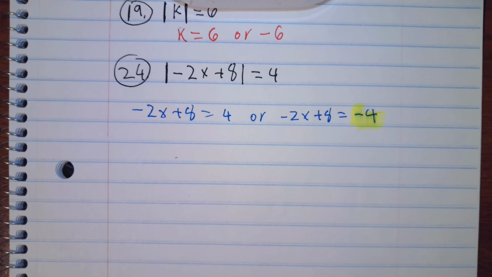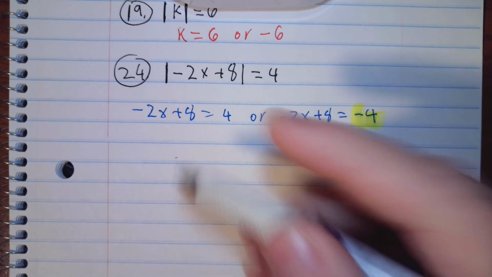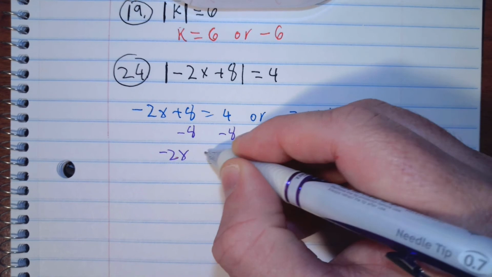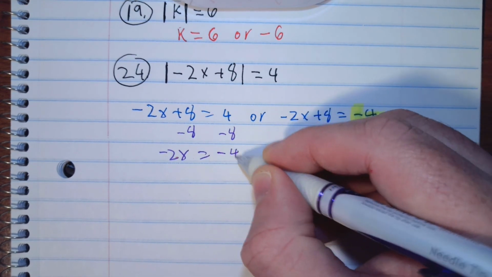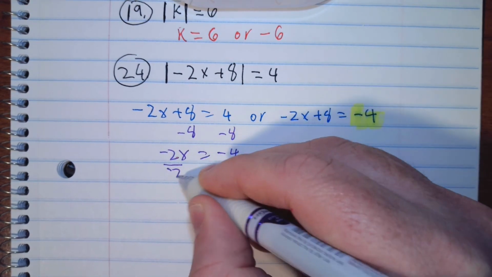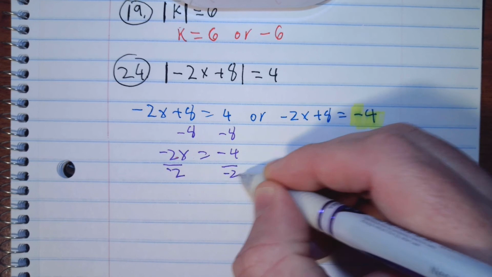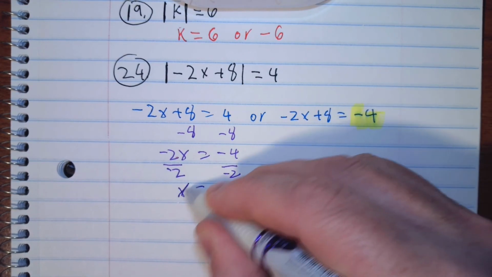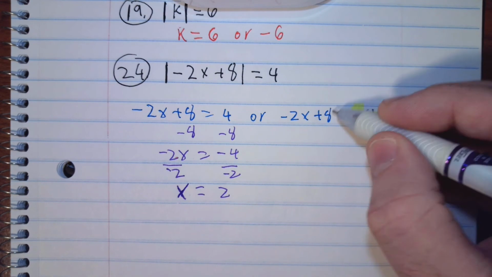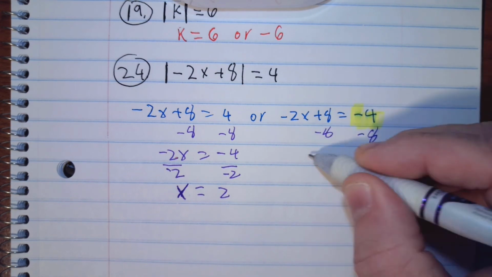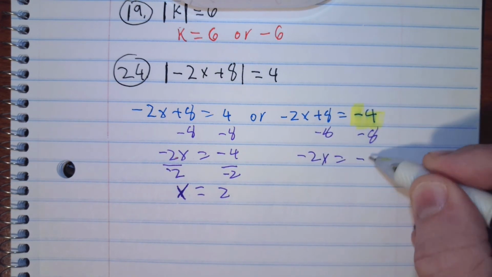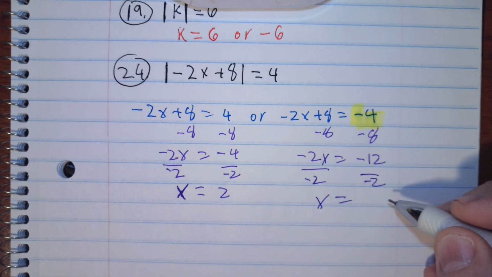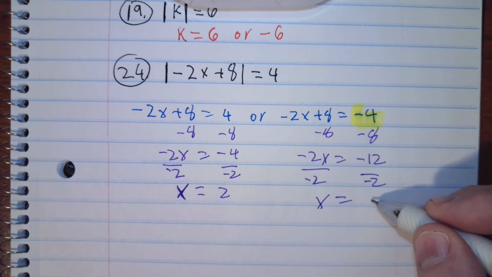And so then you just work these out. No big deal. Minus 8, negative 2x equals negative 4. X equals 2. All right, minus 8, negative 2x equals negative 12. x equals, that would be a positive 6.